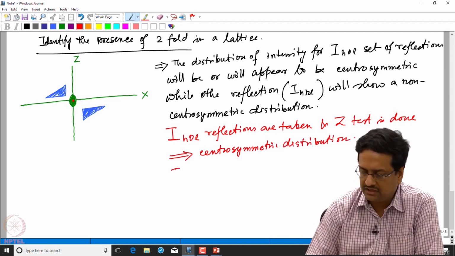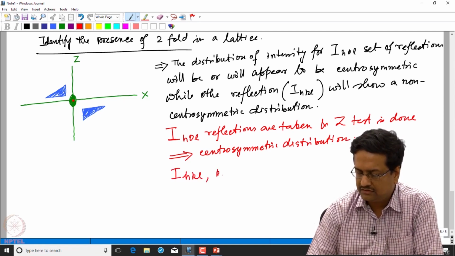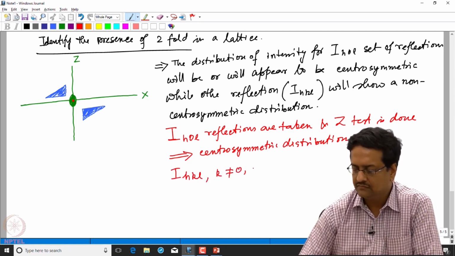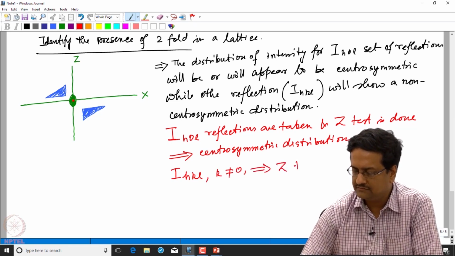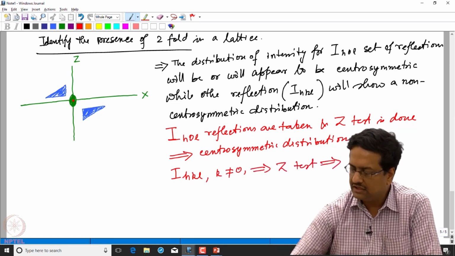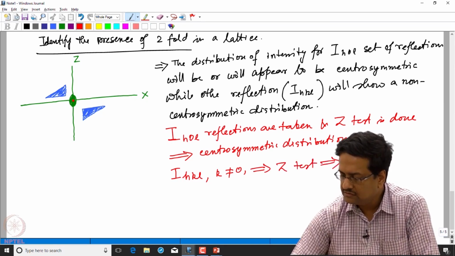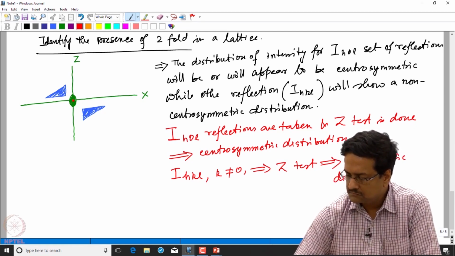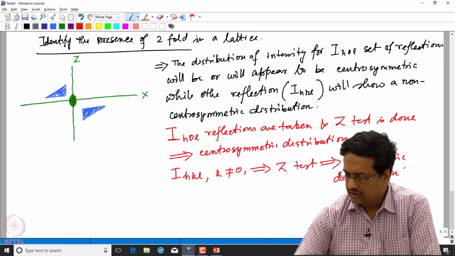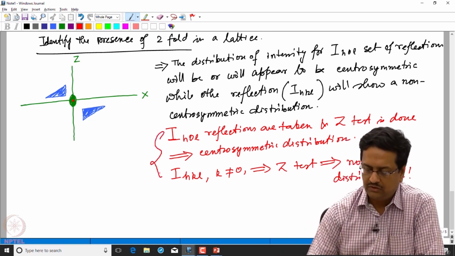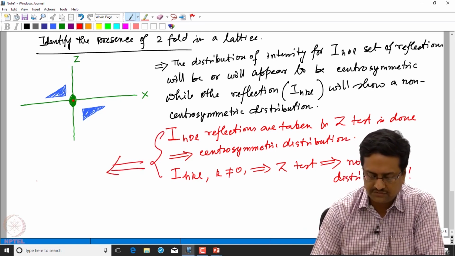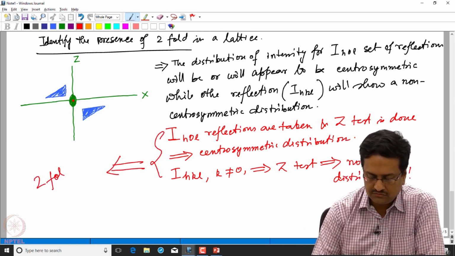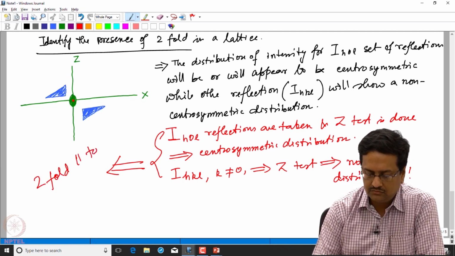But if we take the general HKL set of reflections where K is not equal to 0 and do the same Z test, we would see that it indicates a non-centric distribution, and hence one can conclude the presence of a twofold parallel to Y.